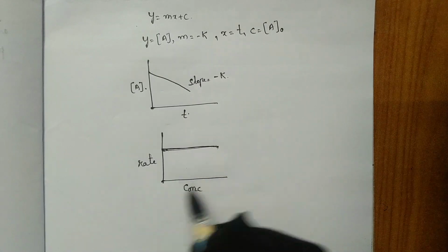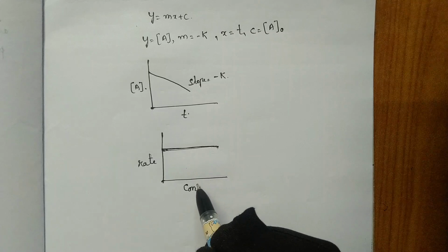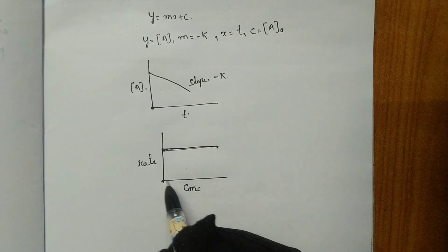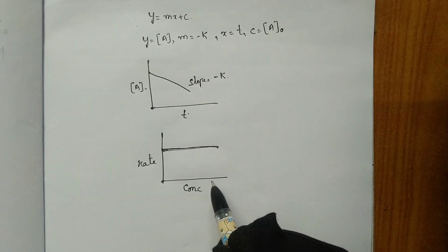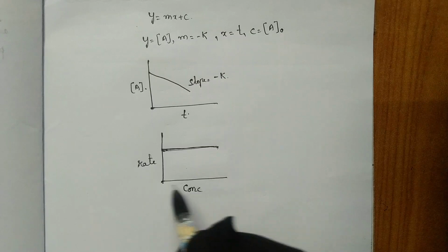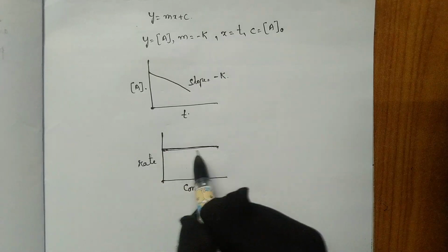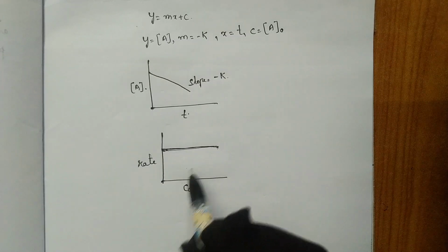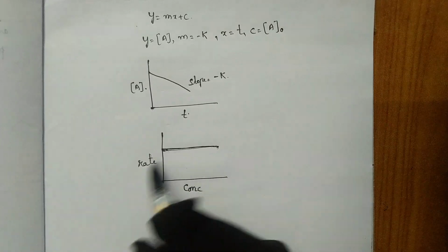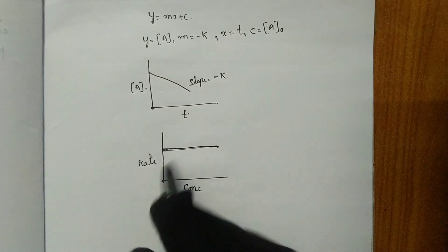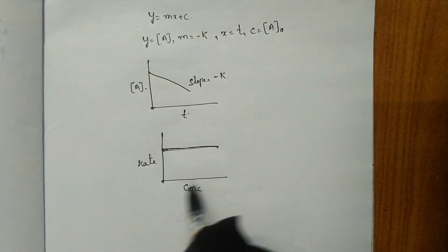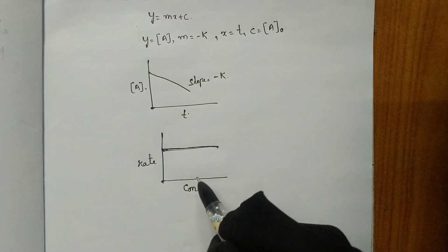With the help of this graph we can say that with the increase in concentration of reactant, rate remains constant. As we have discussed earlier, for a zero order reaction, rate is independent of the concentration of reactant.